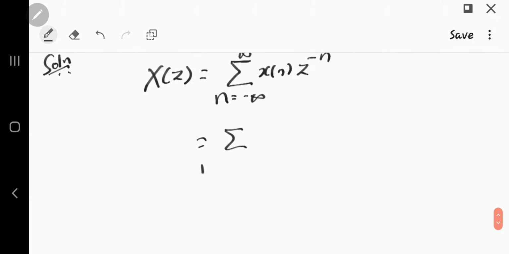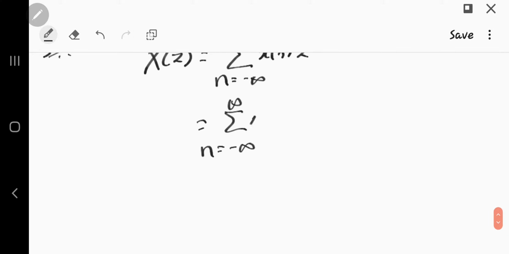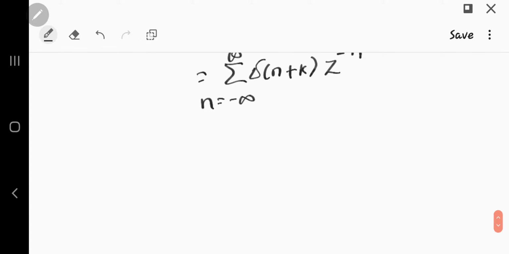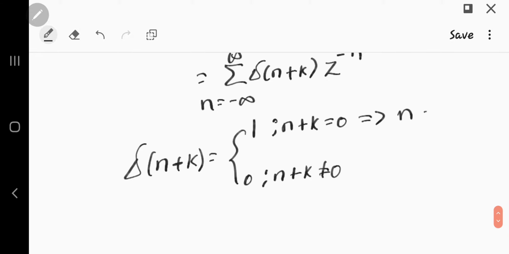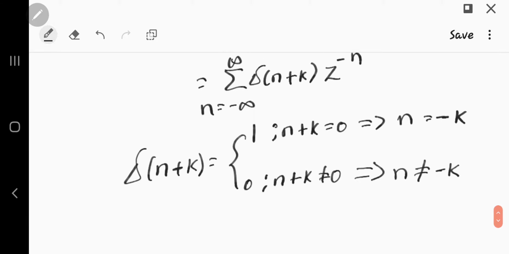Now if you substitute that, delta n plus k z to the power of minus n. Now delta n plus k is equal to 1 for n plus k equal to 0, and it is equal to 0 for n plus k not equal to 0. So if you simplify that, for n equal to minus k, delta n plus k is 1, and when n is not equal to minus k, delta n plus k is 0.